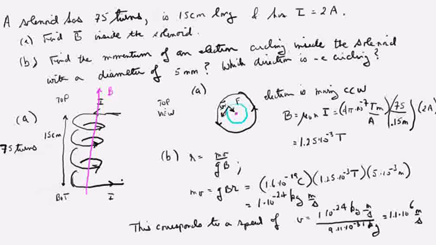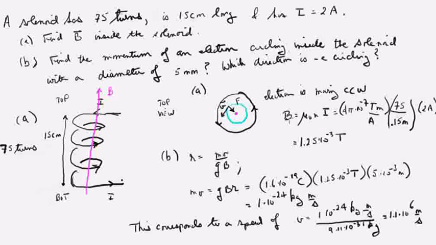And so that means the direction for V as drawn is correct, and therefore that the electron is moving in a counterclockwise fashion around.